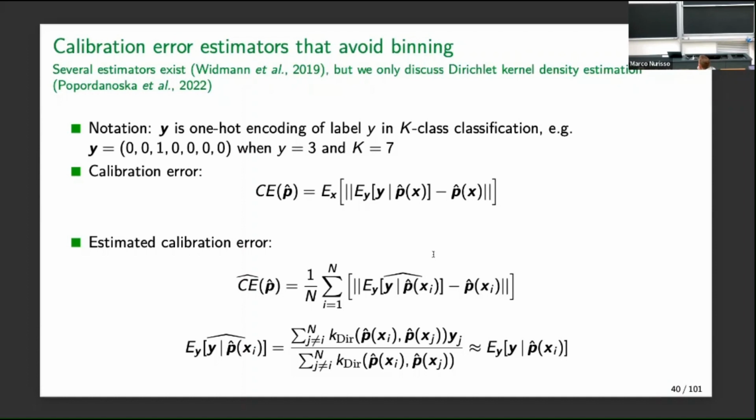You measure it with a specific kernel function, and in this paper they use a Dirichlet kernel. It's not very important. They can prove some consistency results for this specific kernel, but just think of a kernel there. And you look at what the label vector is that you observe in this neighborhood, and that's basically your estimator.